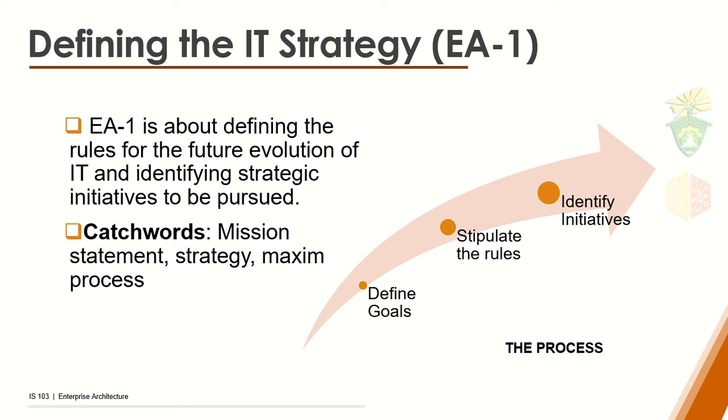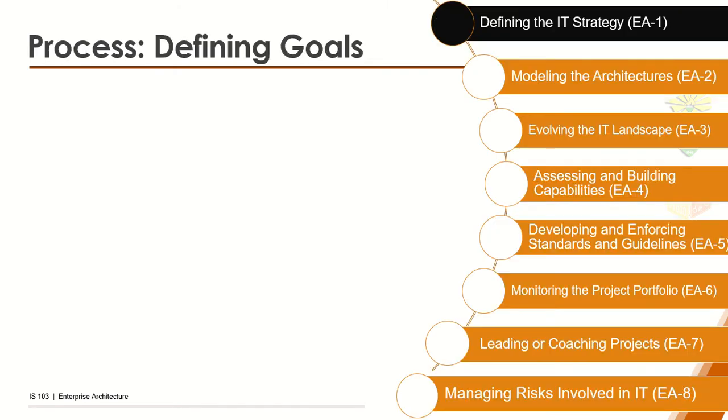And the last is identifying the initiatives that move the enterprise IT towards the goal. Now let's focus on these 3 processes, or the steps in defining the IT strategy. The first one is defining goals.